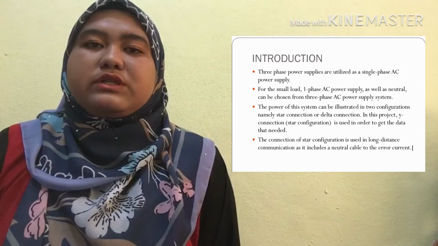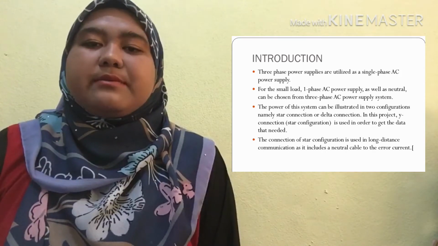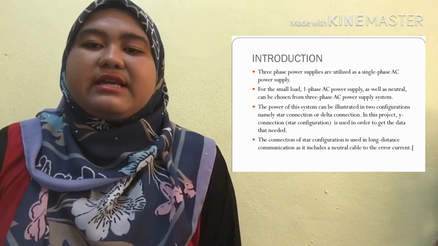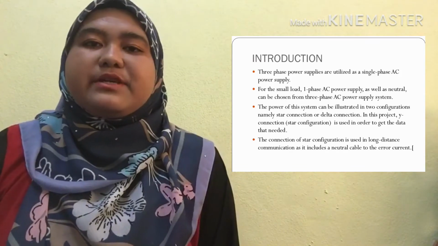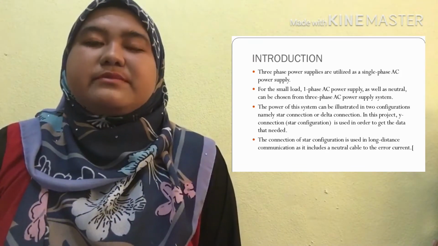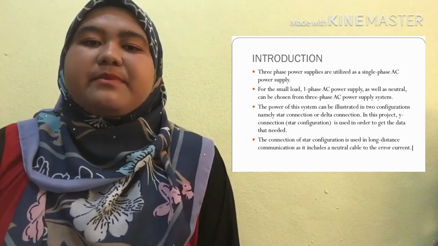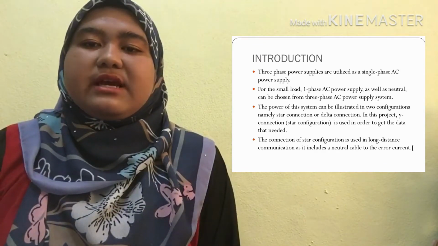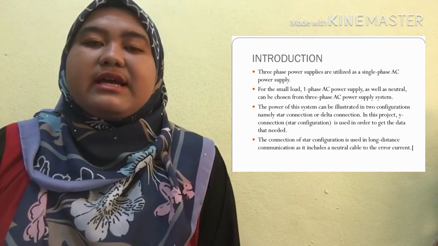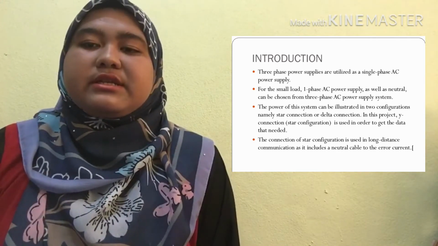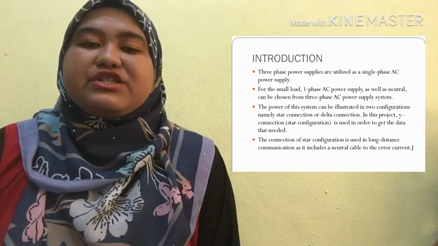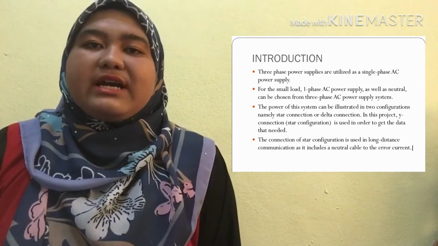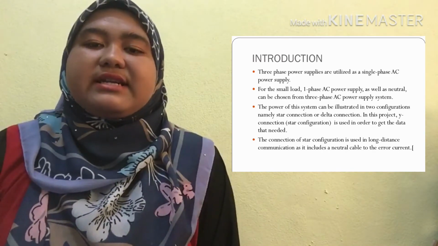For a small load, one-phase AC power supply as well as neutral can be chosen from the three-phase AC power supply system. The power of these systems can be illustrated in two configurations, which are Y connection or delta connection.